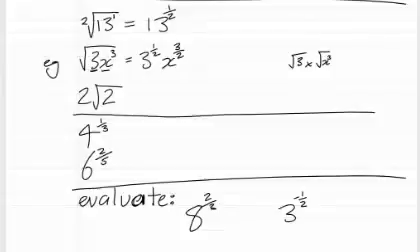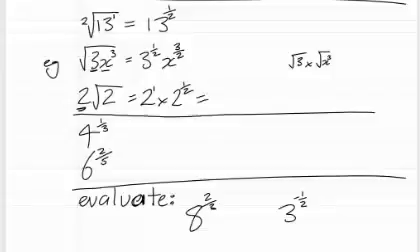The next example, 2 root 2. The first 2, the coefficient, is not involved in the root at all. That's just 2, and the square root of 2 is 2 to the power of a half. So I've got 2 times 2 to the power of 1/2. Now because we've got the same base there of 2, and I've got the power of 1 there, the first index law says I can add those powers.